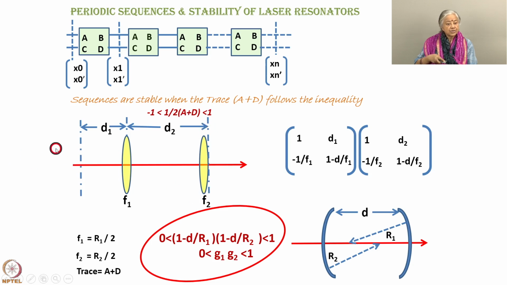A ray enters here, something happens to the ray between these two planes, and then it comes out. I want to know whether this system is stable, whether the ray has diverged completely or has remained close to this axis shown in red. We would prefer it to be close to the axis, then only it is stable, and it has to follow this criterion.